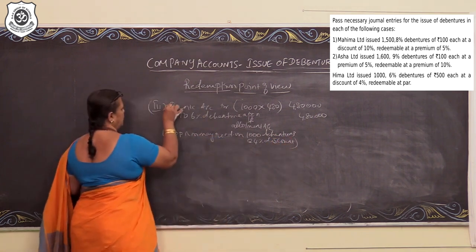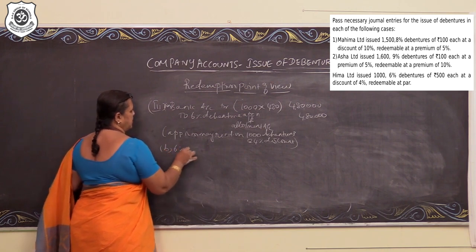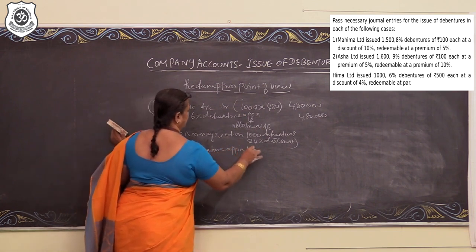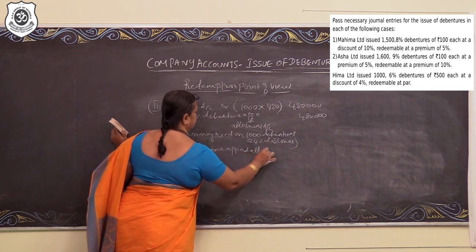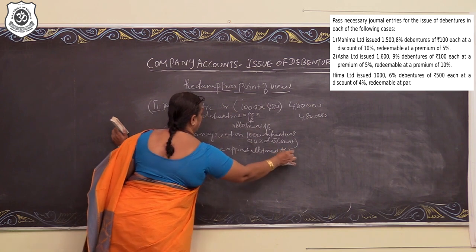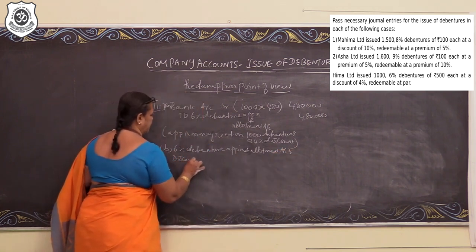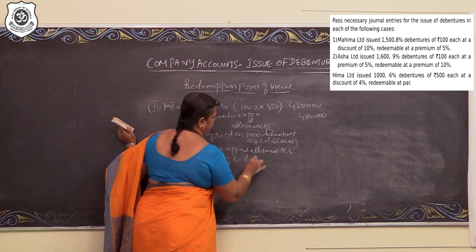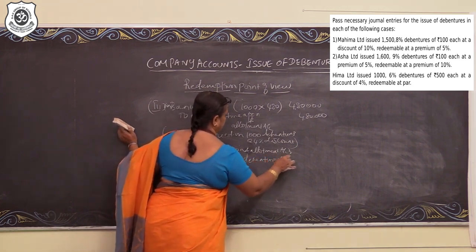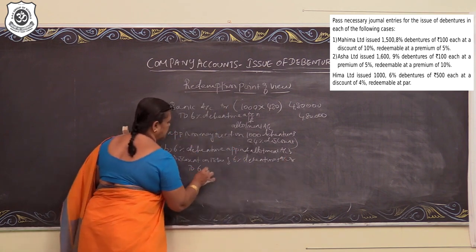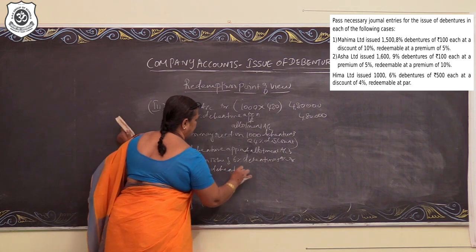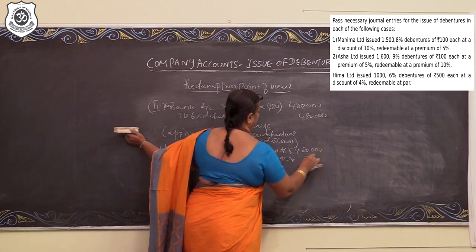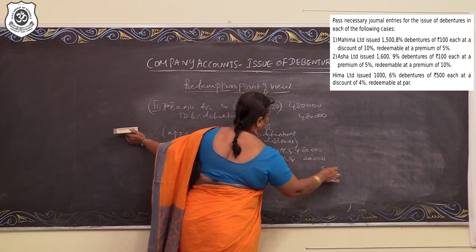Then the second one will be 6% debenture application and allotment account debit, discount on issue of 6% debentures account debit, to 6% debentures account. 4,80,000, 20,000, 5 lakhs.